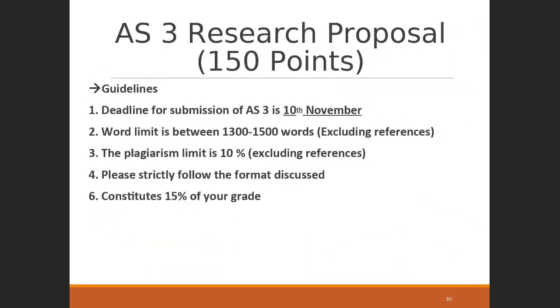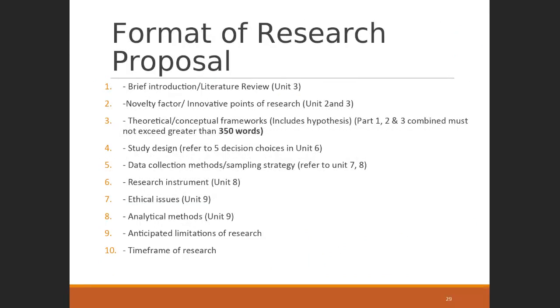The deadline for submission is 10th November. You still have around 20 days left for your research proposal assignment. Your word limit should be between 1300 to 1500 words, and you should not exceed 350 words for the first 3 sections.